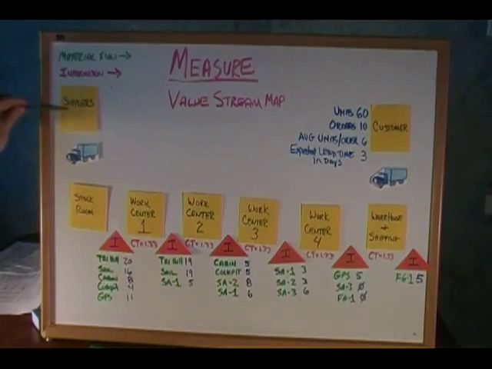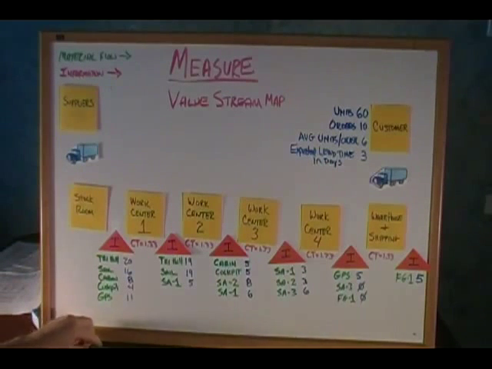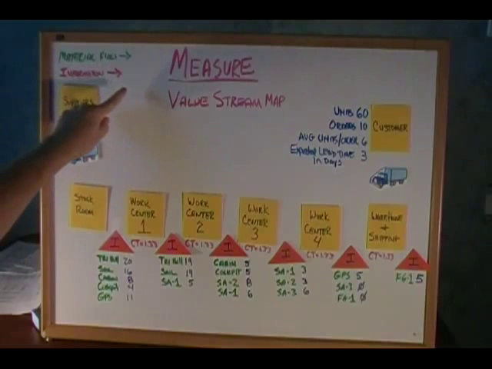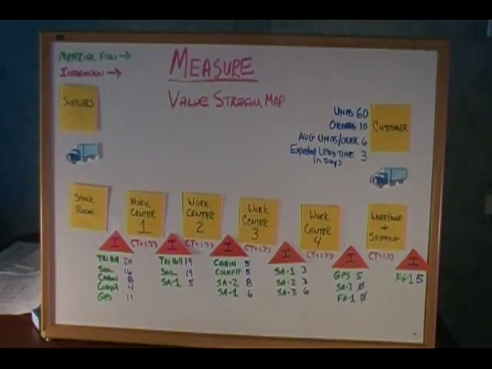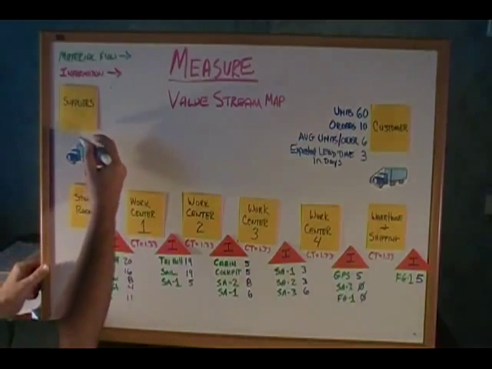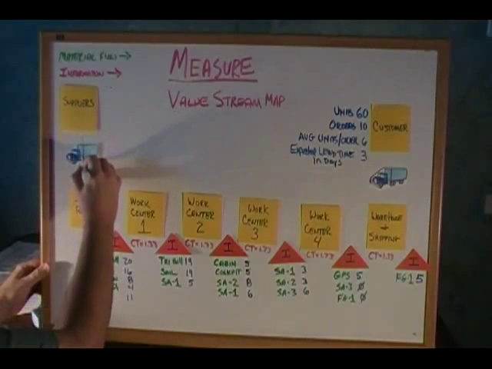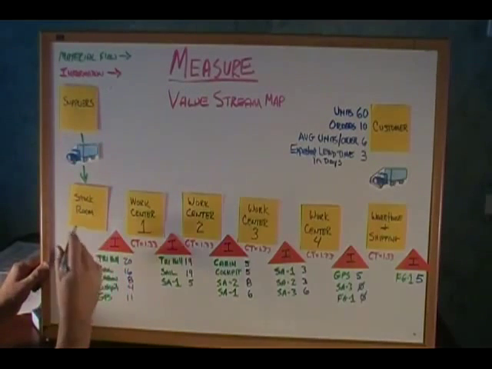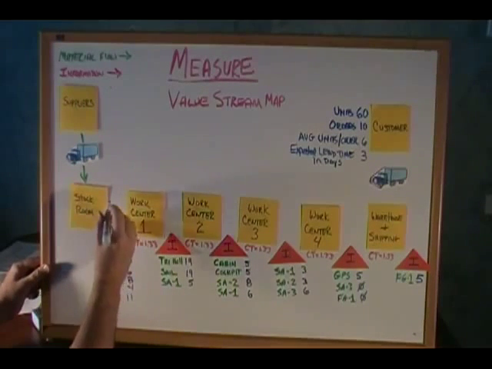We have suppliers that provide us with all of our supplies. We're going to use green to depict our material flow, and red to show the information flow. So the material is going to flow from our suppliers and then move from the stock room.